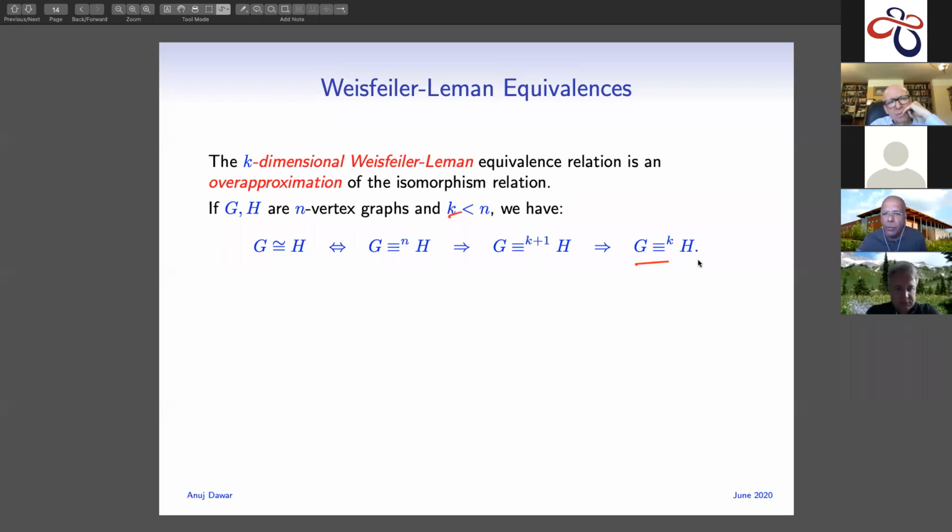Think of it as an approximation of isomorphism, in the sense that if two graphs are isomorphic, then they're certainly not distinguished by Weisfeiler-Leman equivalence. And it is graded, so the higher your parameter k, the closer you are to isomorphism. If you take k to be as big as n, the size of the graph, then it is the same as isomorphism. So n-Weisfeiler-Leman equivalence on n-vertex graphs is the same as isomorphism, and higher values of k give you closer approximations.